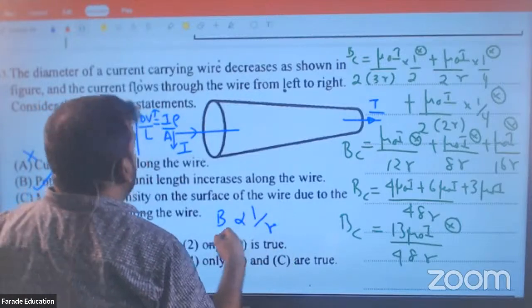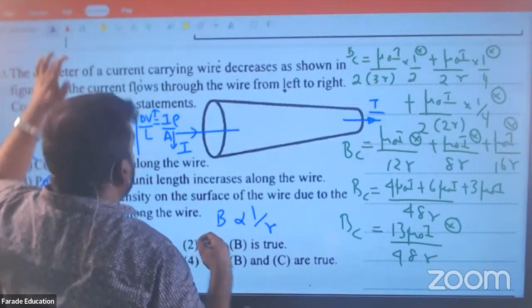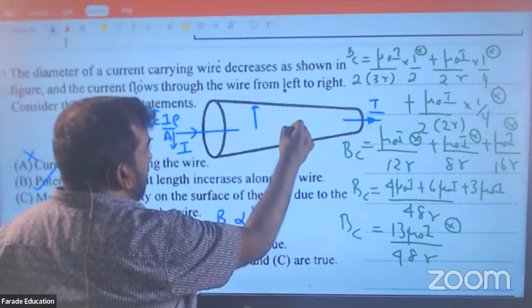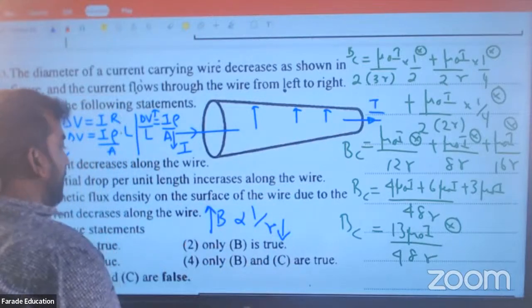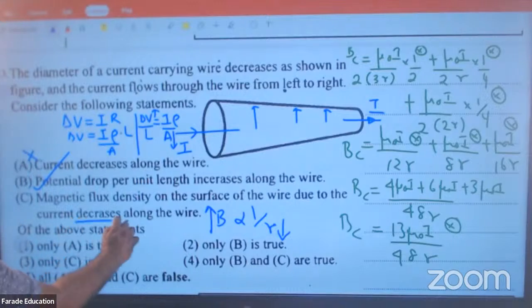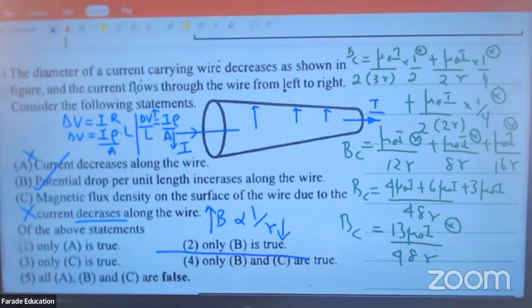This is from Biot-Savart. When you go along the wire, the radius will keep on reducing. Radius reduces, magnetic field strength will increase. Decreases is what they said, so wrong. Only correct answer is answer B.